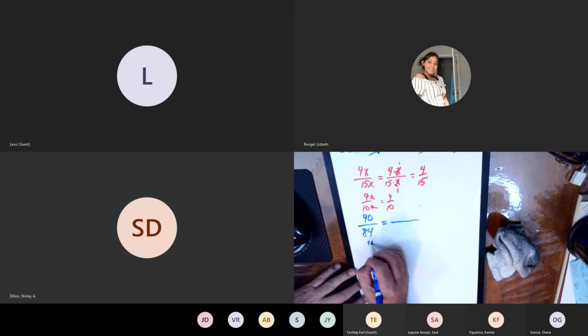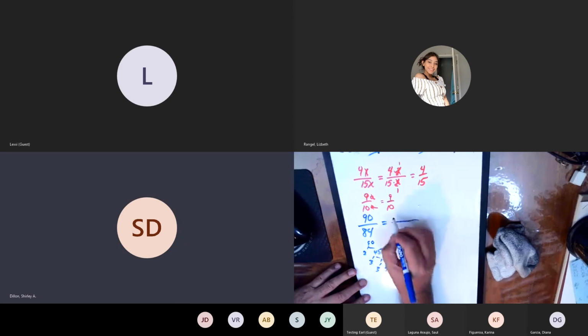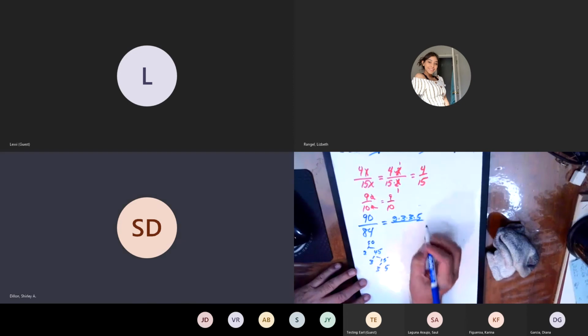Maybe more. 90, factor tree, 2 times 45. 45, 2 doesn't go into it, 3 does. 3 and 15, and 3 and 5. So this is 2 times 3 times 3 times 5. 90 has been factored. 84, same thing. 84 comes out 2, gives me 42. And 2 gives me 21, and 3 gives me 7. 2 times 2 times 3 times 7.